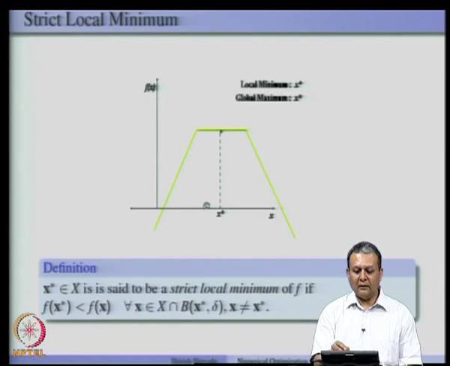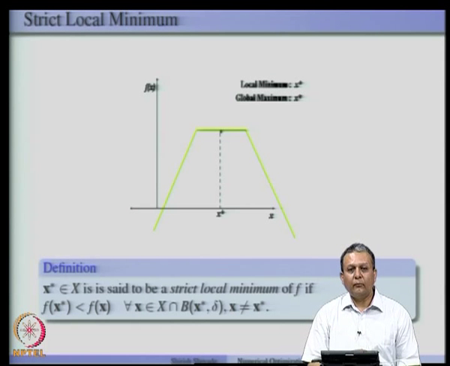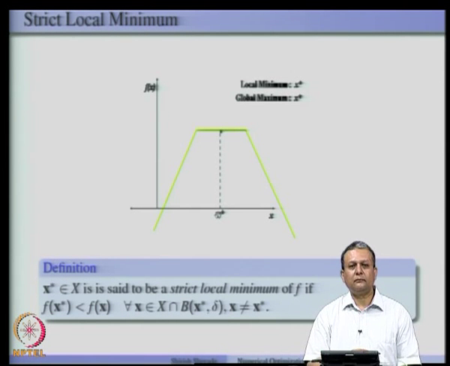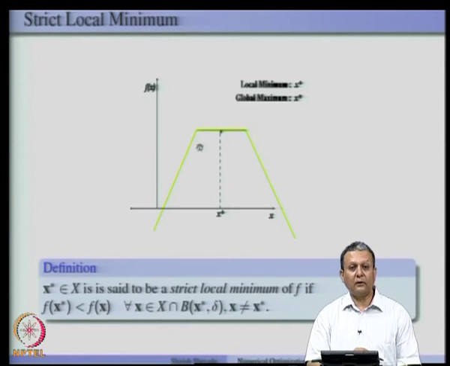Of course, at the other neighboring points also the function value is highest. So, remember that the global minimum or global maximum need not be unique. So, this is one example where you have multiple global maxima and x star is not a strict local minimum. So, all these points which are in the neighborhood, they are not strict local minima.